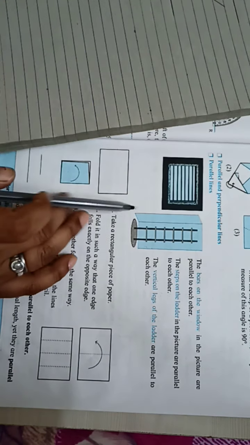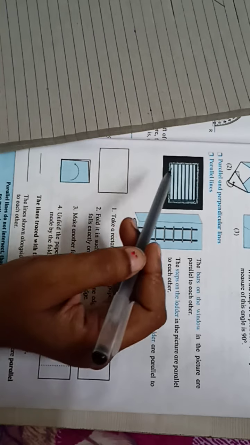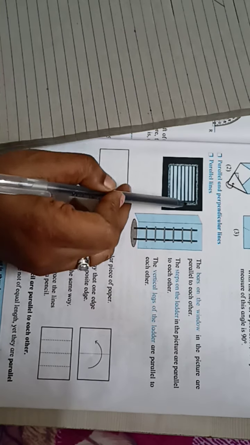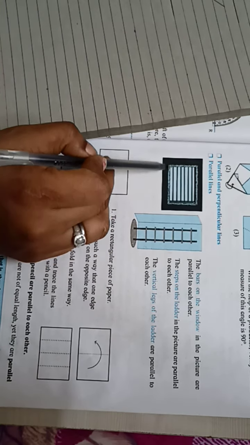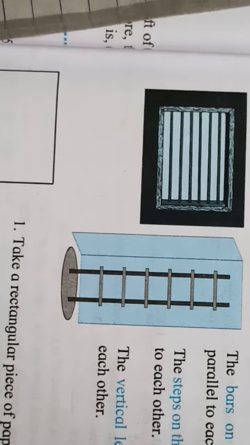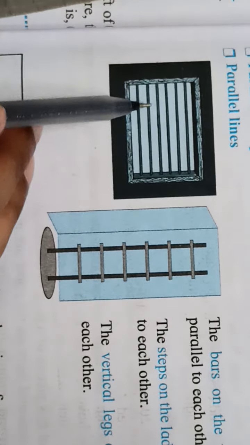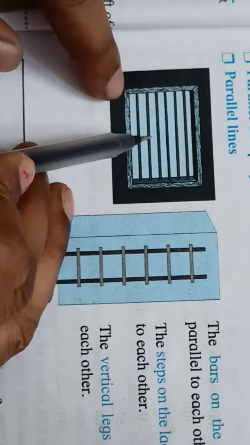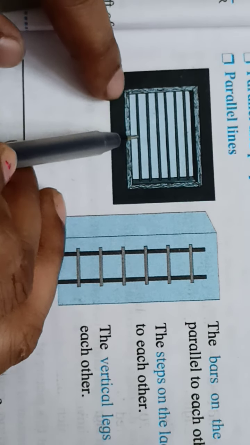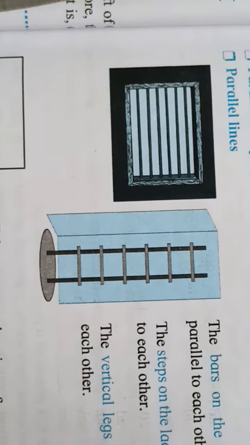If you see this picture, you will find there are some lines. According to this picture, in this window you can see that each and every line is in the same direction.